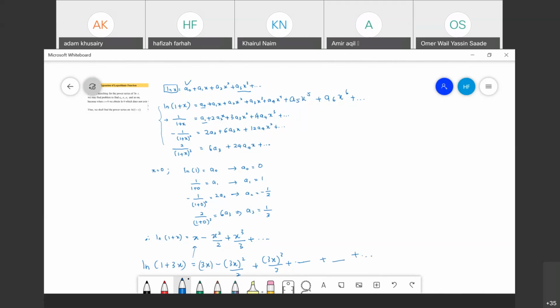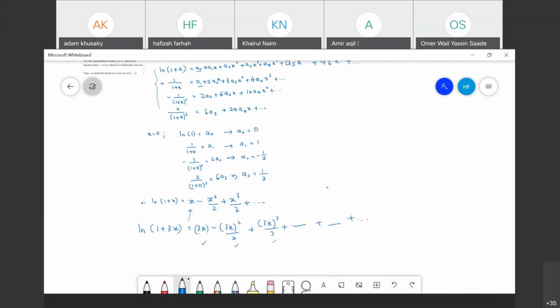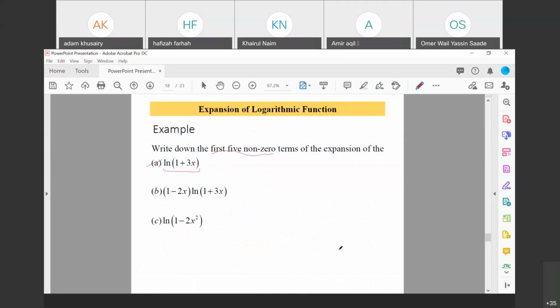And you can get the first 5 terms of ln(1 plus 3x). Okay. The same goes with this one. Since we already have the expansion of ln(1 plus 3x), you just multiply with this 1 minus 2x. Okay, so next you can try this too later.